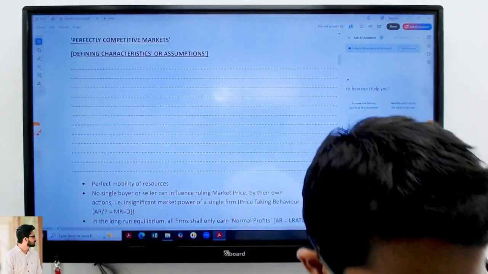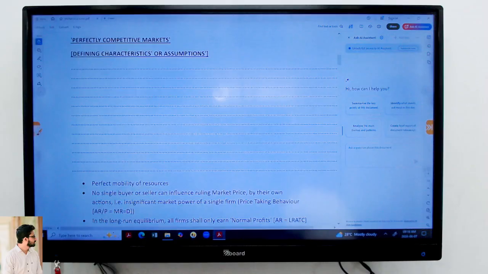You can see the topic is perfectly competitive markets, defining characteristics or assumptions.